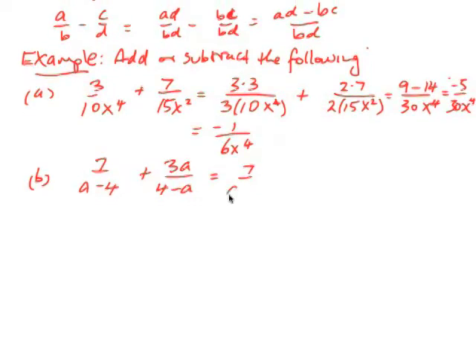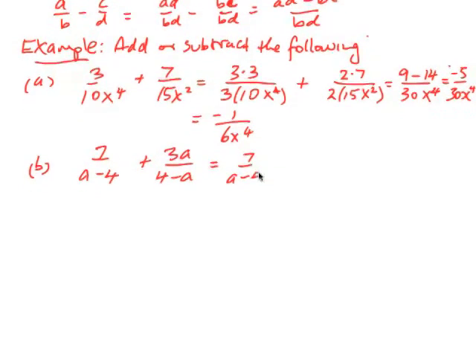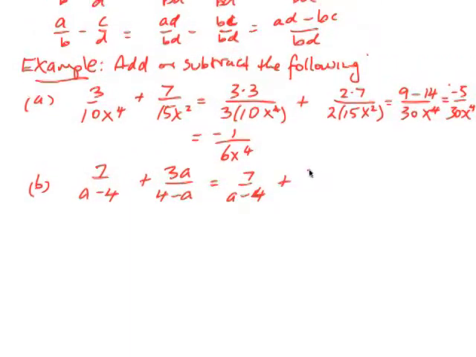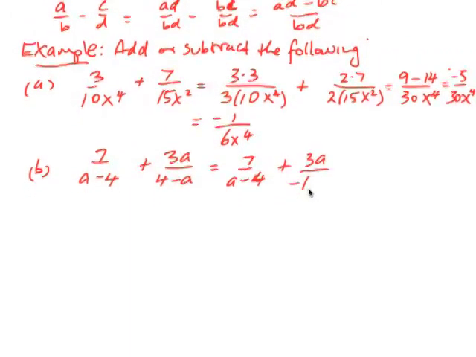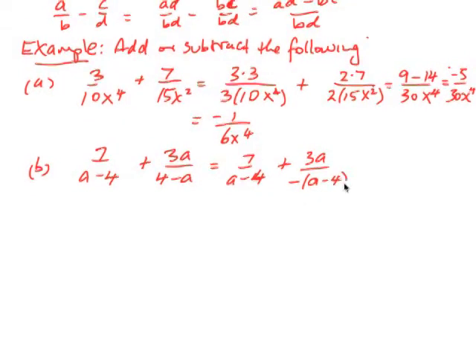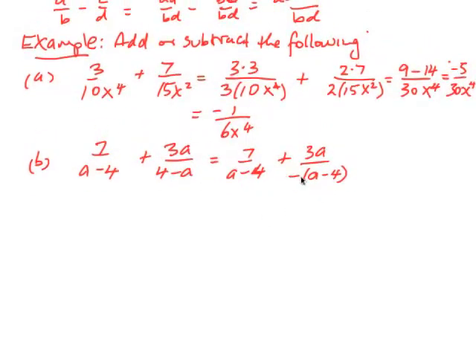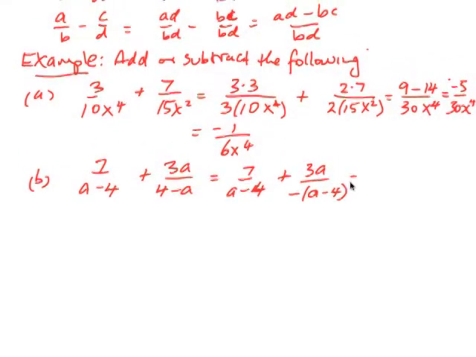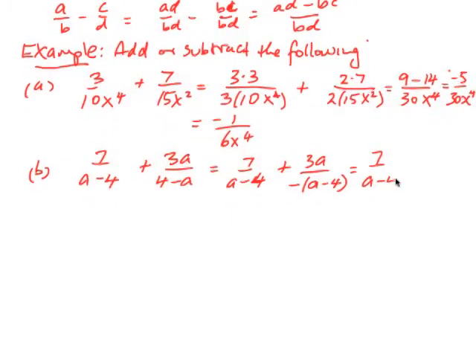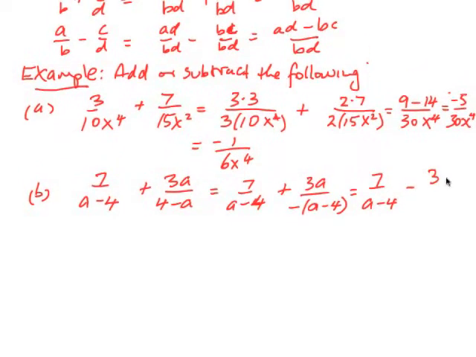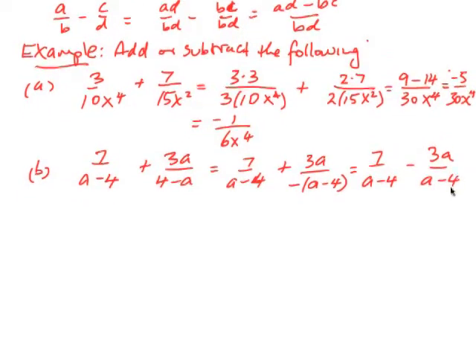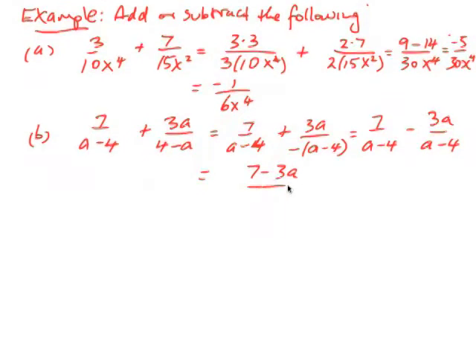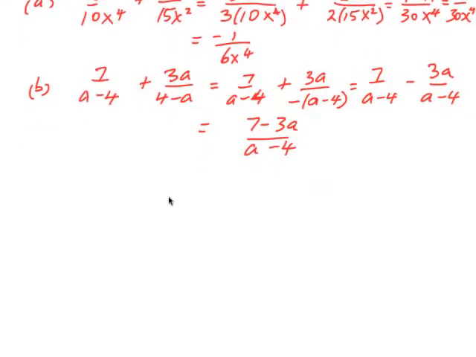So if I was to take out a negative 1 here, I'd end up with this, and I'd take a negative by this here. So if I distribute the negative, of course, it becomes negative a plus 4 again, so that's what we have here. So this we could change into a subtraction, actually. And as you can see here, of course, this means we get 7 minus 3a over a subtract 4 would be the result.